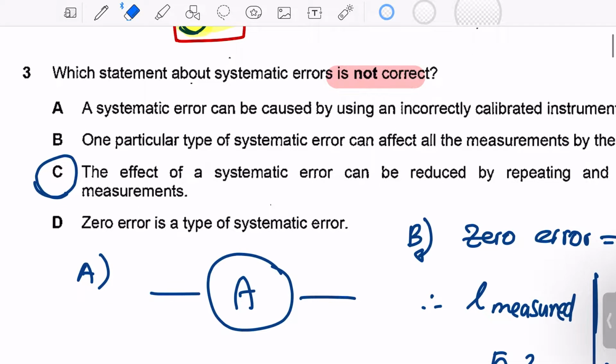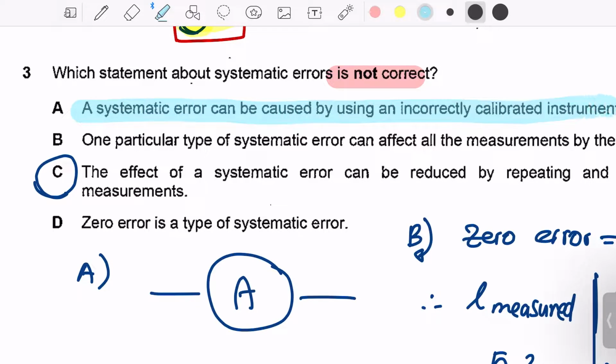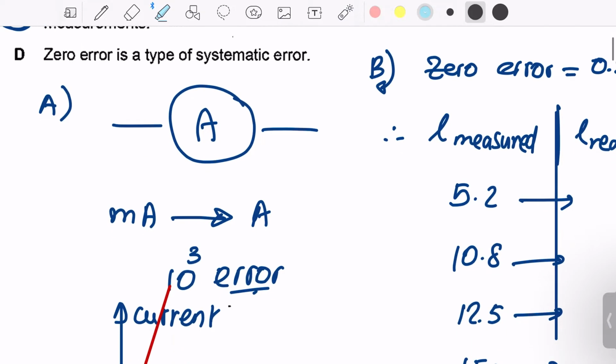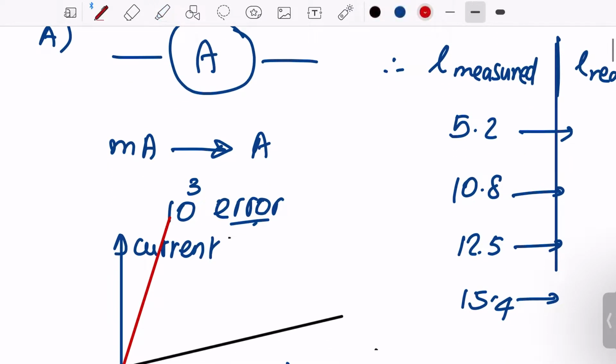Now question number 3. Which statement about systematic errors is not correct? Answer A: a systematic error can be caused by using incorrectly calibrated instruments. True. Let's think about an ammeter. Let's think we have calibrated milliamperes into ampere. So all the readings are actually 1000 times bigger.